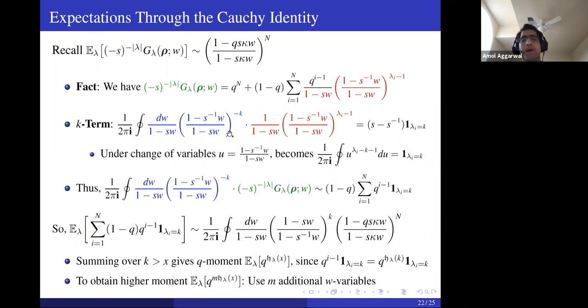So I've taken this blue term here, and I multiplied it by this expectation, this g thing that I know how to compute. What this k statement here is telling me is that I will get a sum of indicators times these q to the i's. So maybe I should circle things.